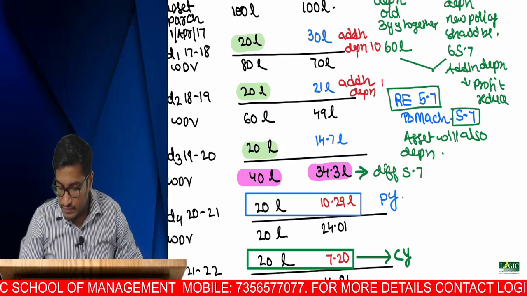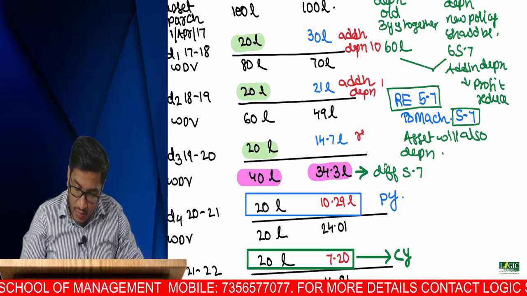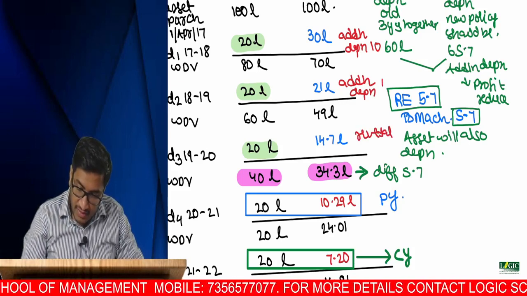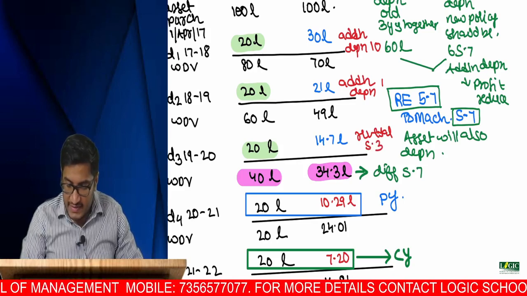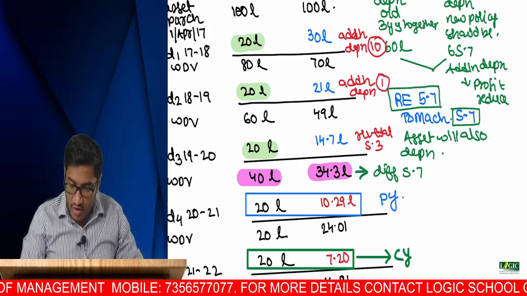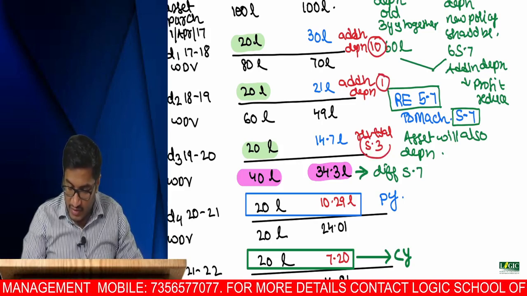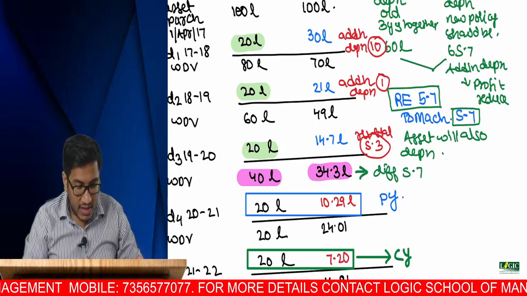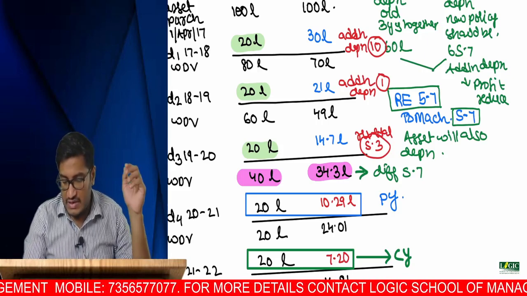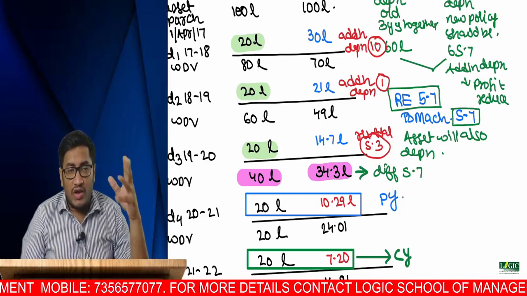Here, reversal is required, 5.3. So you have to recognize 10 plus 1, 11. You have to reverse 5.3. So 11 minus 5.3 is equal to 5.7. That is the net impact. Can you all give me your confirmation?